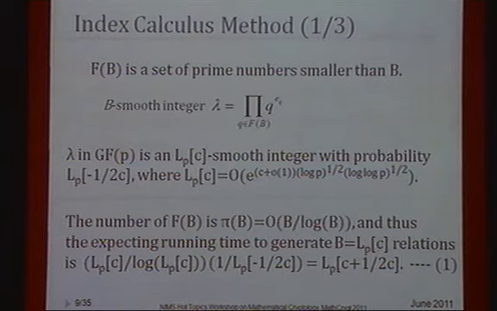What is the probability, for given lambda smaller than x, that lambda is B-smooth? Can you estimate the probability of smoothness for given x and B?